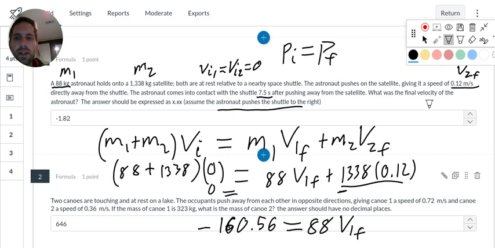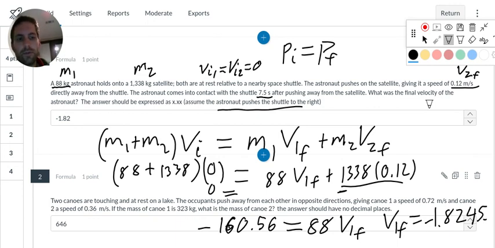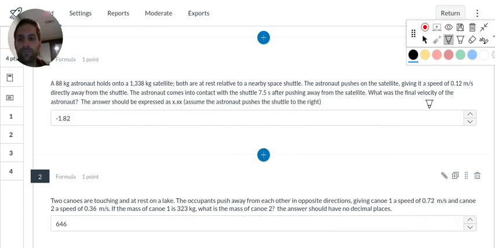And then I divide both sides by 88, and I should get negative 1.8245, then on and on, but I only want 2 decimals, so I round that one down. I get negative 1.82.